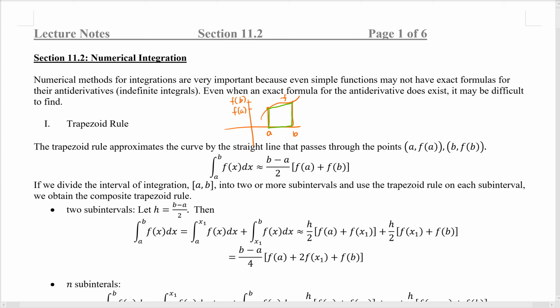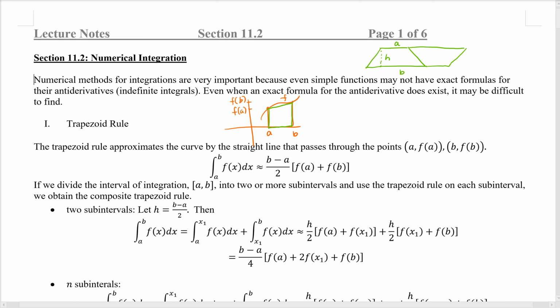Do you still remember what the trapezoid rule is? If this is a and this is b, sorry, let me make it a more general trapezoid, and this is h. What is the area of a trapezoid? Actually, what we do is consider one more trapezoid and put it upside down.